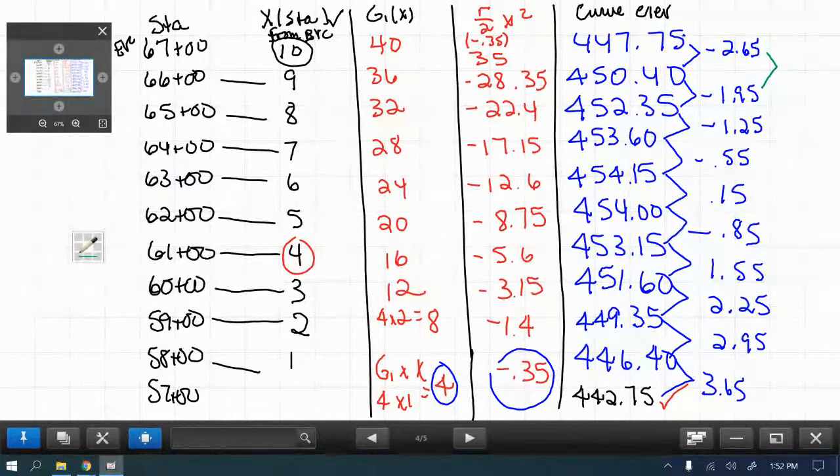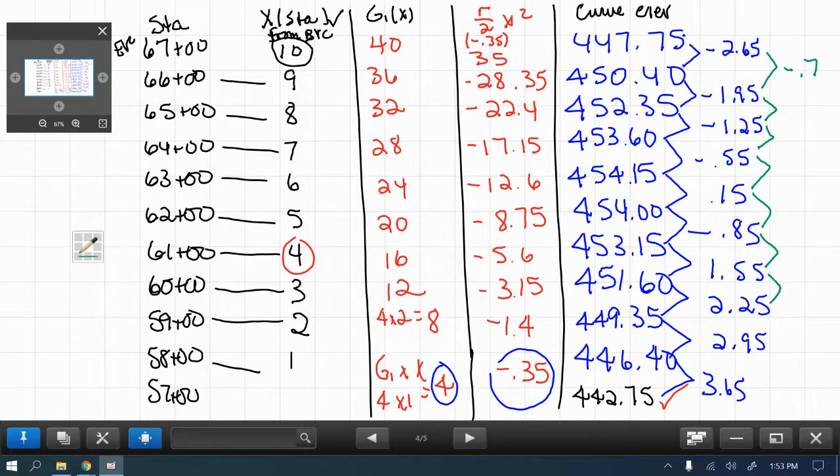So negative 2.65 minus a negative 1.95 gives me a negative 0.7. So that's my R. So you should be getting R. So I'm going to do a negative 1.95 minus a negative 1.25. 0.7 negative.